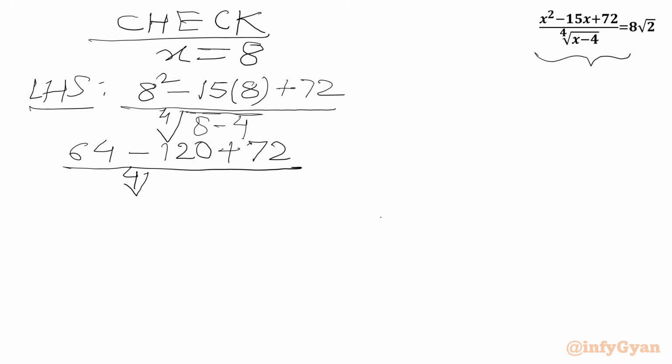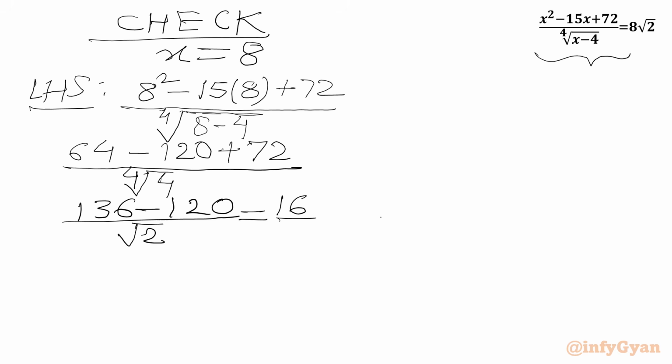In the denominator we have 4th root of 4, which is square root 2. So 136 minus 120 over square root 2 will be equal to 16 over square root 2.